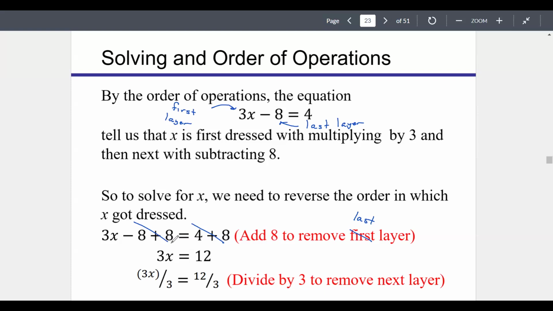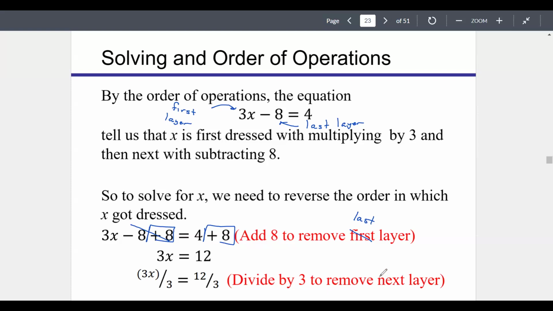So we add an 8 to both sides, because it's this 8 that we want to nullify. If we want to nullify the subtraction of 8, then we add an 8. But because of that addition property, I have to add 8 to the other side as well. So we add those 8s. Here they cancel. Here 4 plus 8 gives me 12.